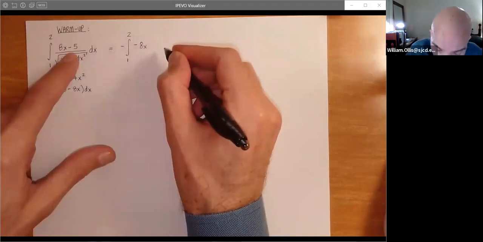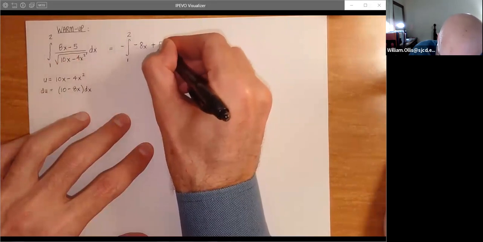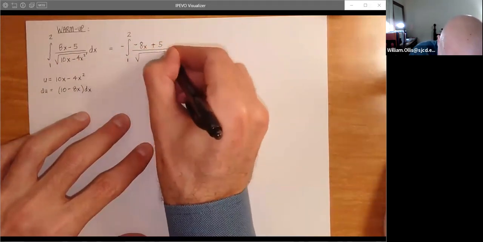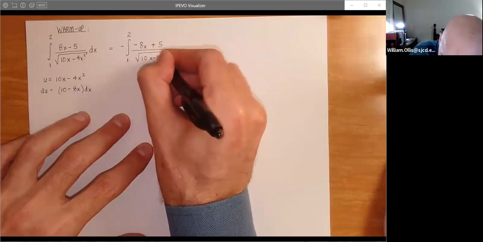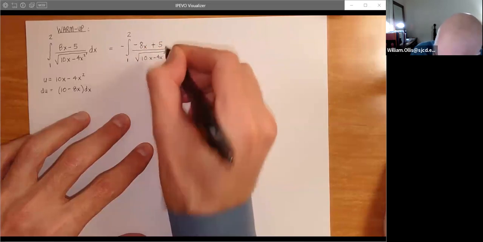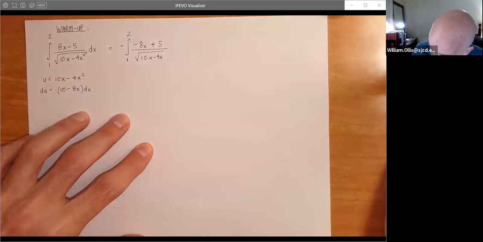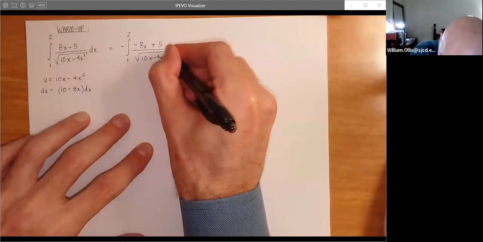And then, of course, now with the negative on the outside, we'll have a plus 5. So we have an equivalent integral. And it's better than using the parentheses to factor. I always like to try new things, but let's face it, a new method isn't always good if it makes the problem harder. So we'll stick with this.